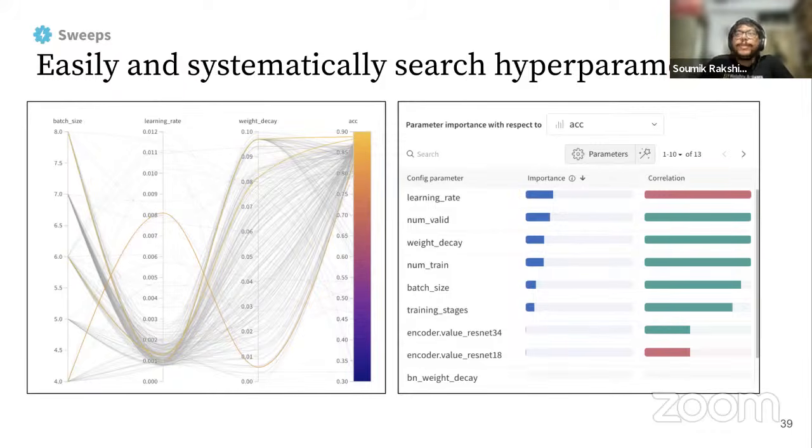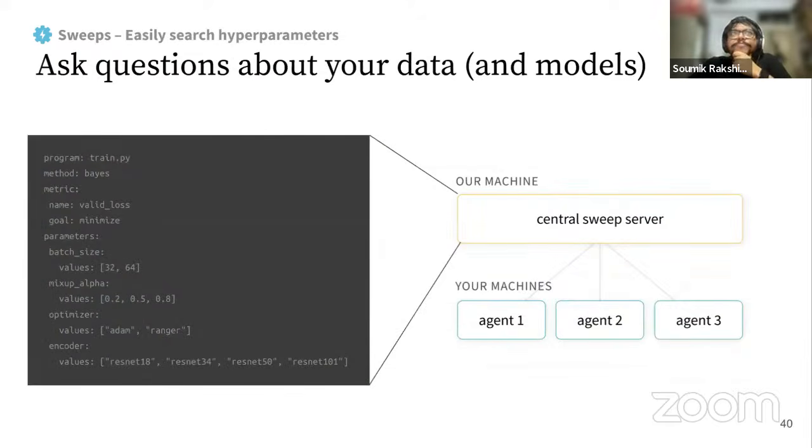Sweeps comes inbuilt with some of the latest cutting edge hyperparameter optimization algorithms like Bayesian optimization and Hyperband, and a few others. They give us some interesting insights, not just about our hyperparameters, but a lot of different aspects of our model workflow.